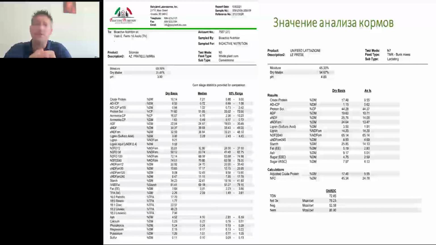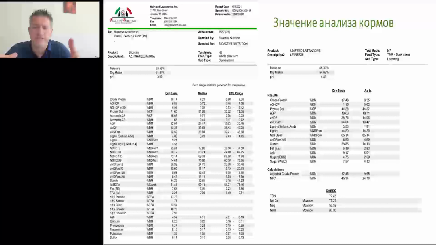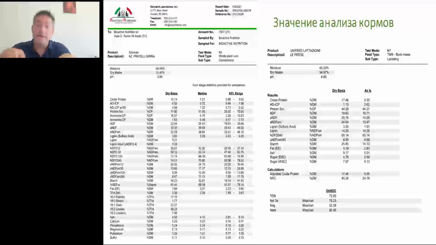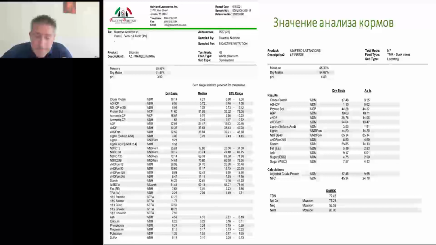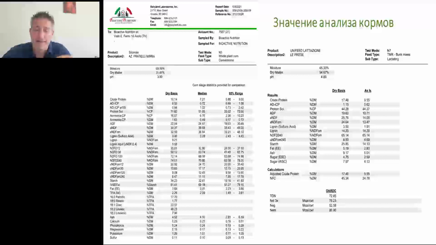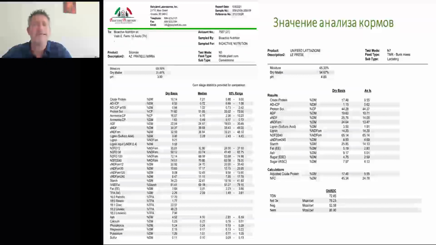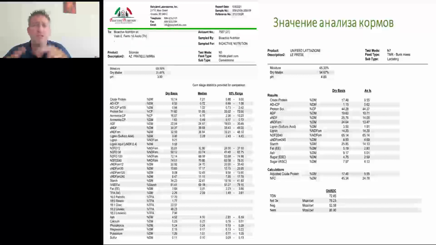It's very important also to consider the starch, because not just the percentage of starch, which in this case is 34%, but we have to see also the in vivo starch digestibility at 7 hours. It means what percentage of our starch is fermentable in our rumen in 7 hours.